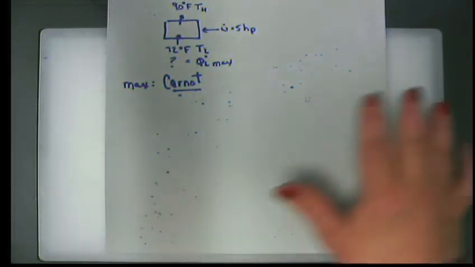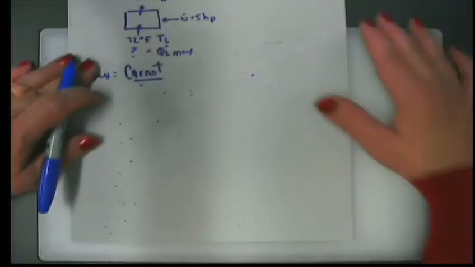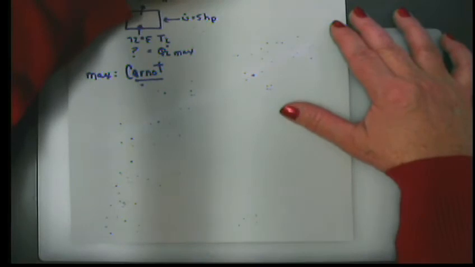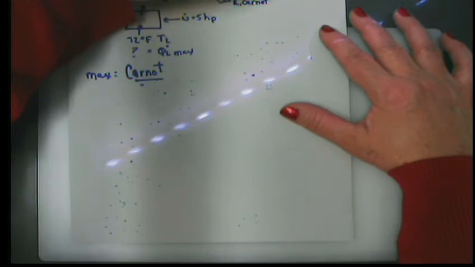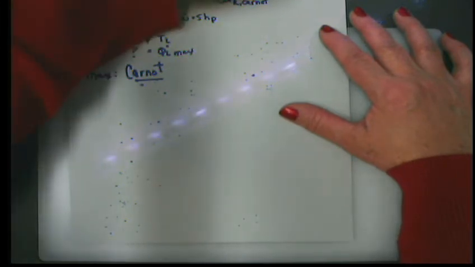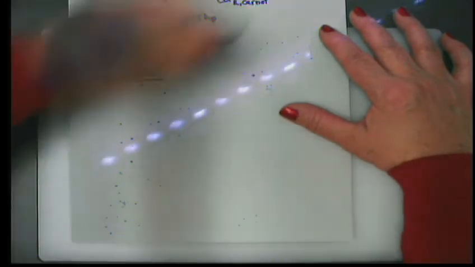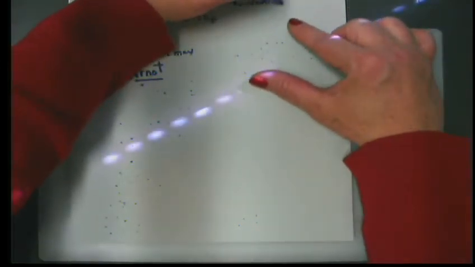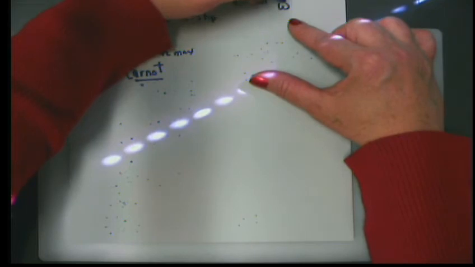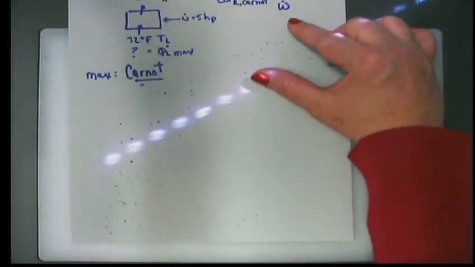All right. So we know that coefficient of performance for a refrigerator or air conditioner max, which is Carnot, is going to equal what we are trying to get out of this, Q sub L, in this case, we're talking about rates, which is no problem, over the power that we have to put in.